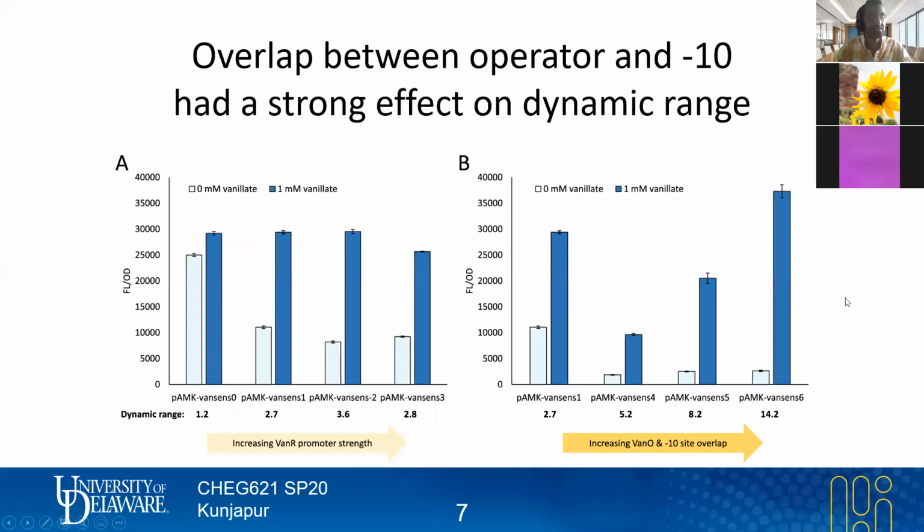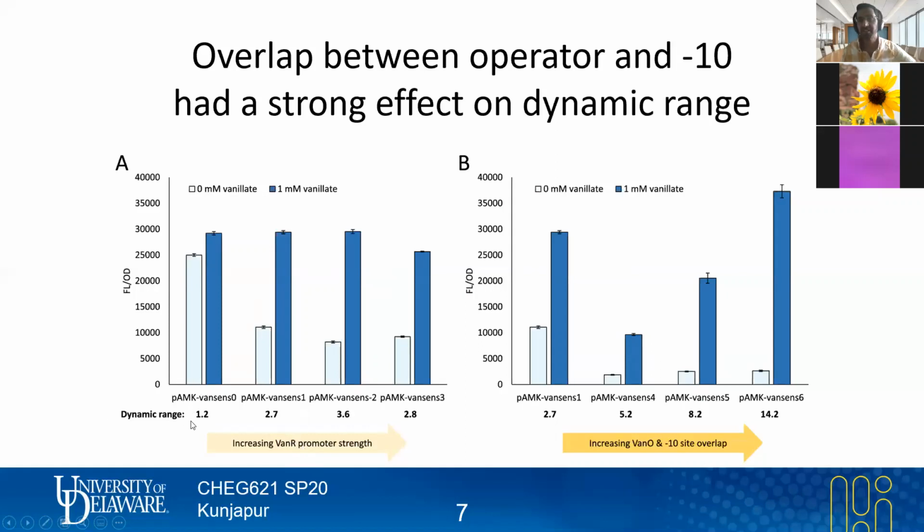And so part of the reason why I'm showing this example to you is because it goes through the steps that you would actually do to create a biosensor and hopefully highlights some of the opportunities and challenges, and maybe also where the state of knowledge is in the field. There are some labs that spend a lot more time thinking about biosensing than we do. But one of the things that we've found, and in some of these vary system by system, is that, for example, if we tried to increase the promoter strength of the vanillate repressor, it didn't really improve our dynamic range.